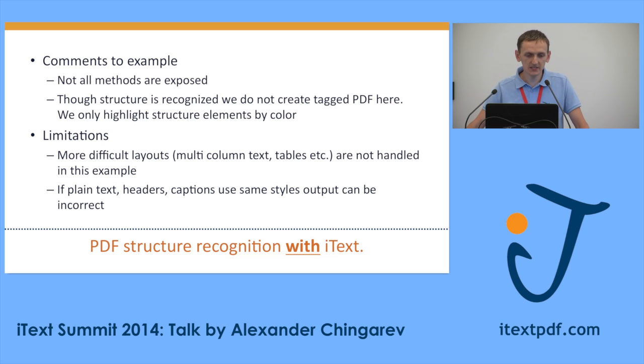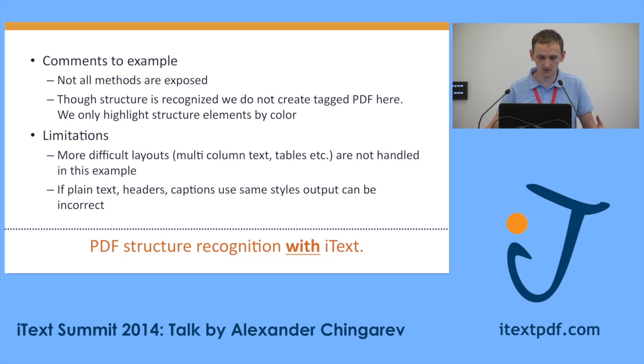What the highlight method actually does is modify the page content structure, adding rectangles to it. And in absolutely the same way, you can modify the page content, adding tags to it. And it's absolutely not a problem with iText to generate the logical structure of PDF documents.